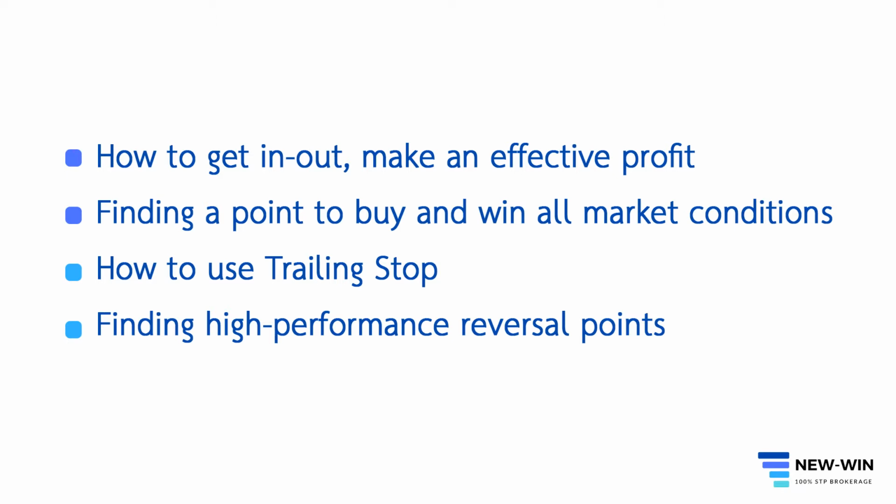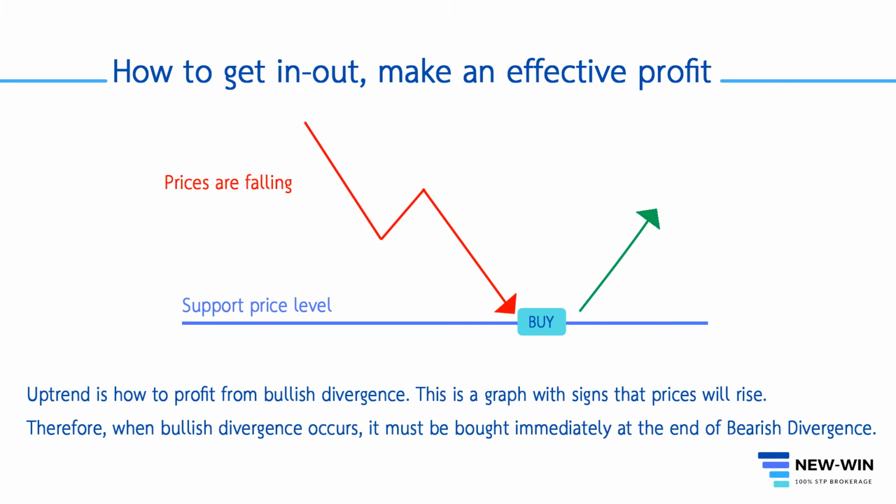So let's get started. In the first topic here, we will focus on how to get in and out in order to make an effective profit. When the market is trending, the market range is clearly characterized by the trends of price rises or downs, which correspond to the support and resistance. Traders mostly prefer to make profit during the market's ups or downs.